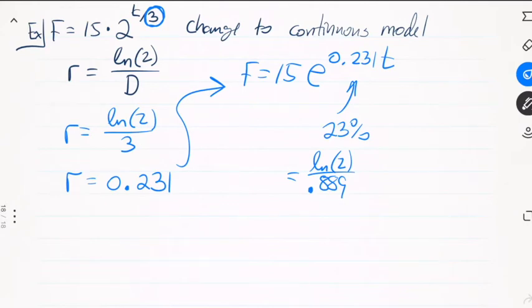Their doubling factor, it came out a little weird, so I was a little leery, is 0.78. The time frame that it was measured in was days, so they're doubling in less than a day right now, which is really kind of scary. So that's how we can convert between doubling factor and exponential growth.